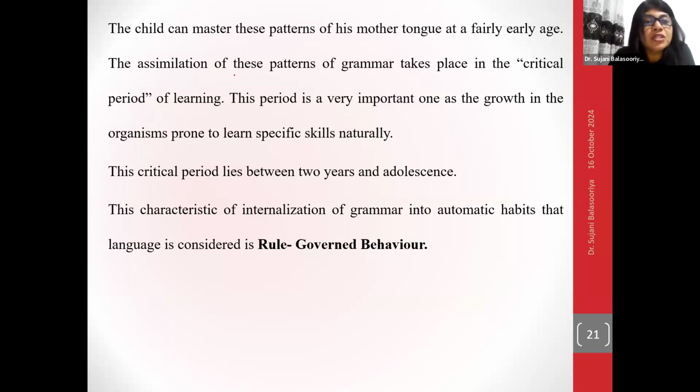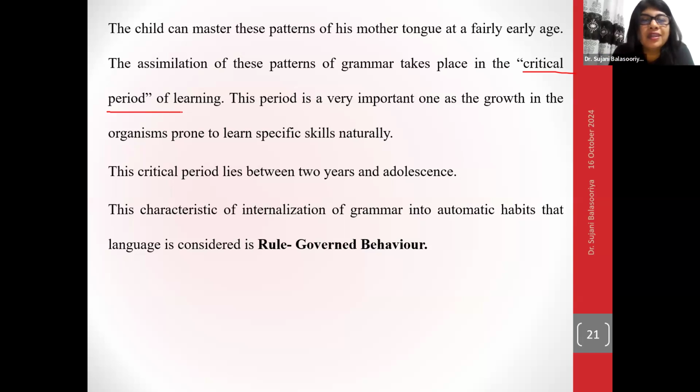The assimilation of these patterns of grammar takes place in the critical period of learning. And when you think about first language acquisition, you meet this term, this concept. Actually, this is presented as a hypothesis, the critical period hypothesis. In the form of a hypothesis, this is given, but you might know the rough idea about this concept. Every human child passes through the critical period, right?